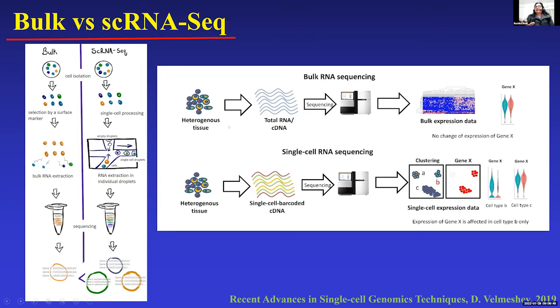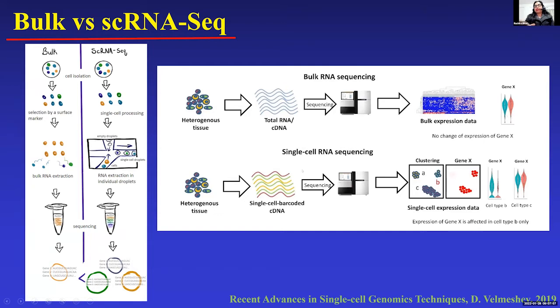However, let's take this example where we have taken bulk RNA-seq analysis and we wanted to check whether the gene expression of gene X changes before and after the perturbation. And we see in bulk expression, where the gene expression gets averaged out, we don't see any change before and after.